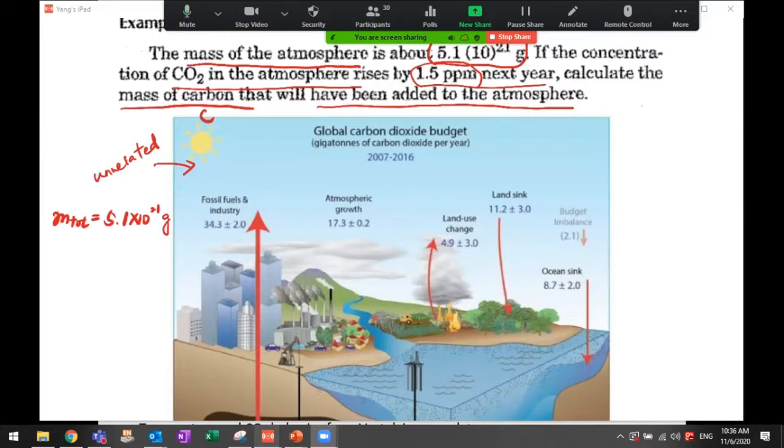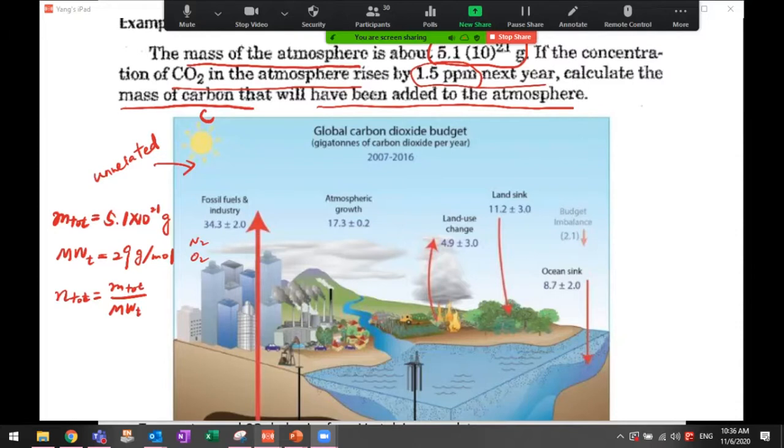And then first we can calculate the molecular weight of the air. We know that the molecular weight of the air is 29 grams per mole because it's a mixture of nitrogen and oxygen, right? So based on this information, we can calculate how many moles there are in the atmosphere in total. So basically that's going to be m total divided by molecular weight, right?